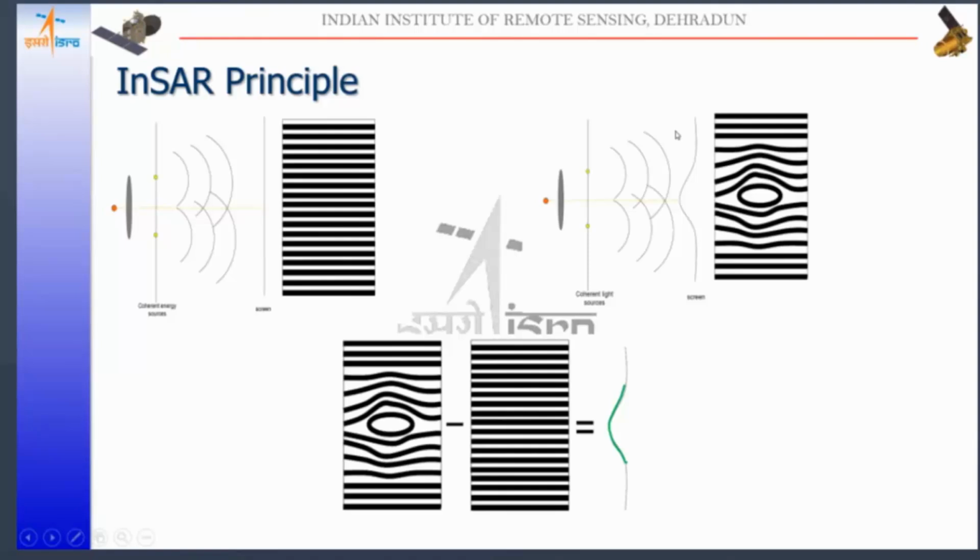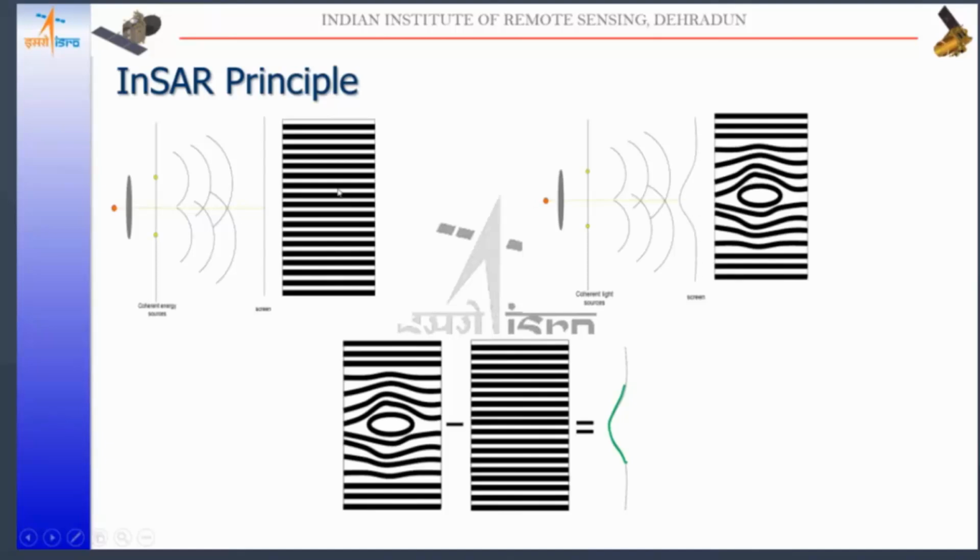Suppose it is not flat, and it has some deformation. Then when these two sources of electromagnetic wave form the interference, we can see how the fringes will form due to the deformation of this surface.